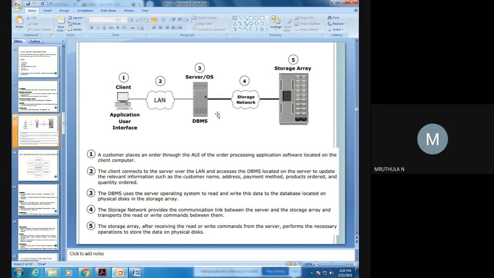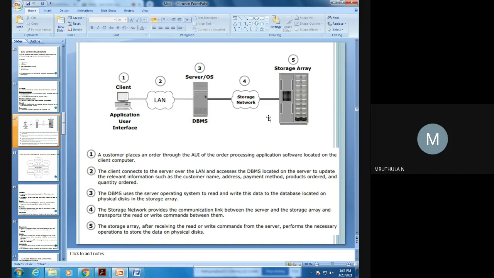The database uses the server operating system to read and write this data to the database located on physical disks in the storage array. So, this storage network provides a communication link between the server and the storage array and transports the read and write commands between them. The storage array, after receiving these read or write commands from the server, performs the necessary operations to store the data on physical disks.